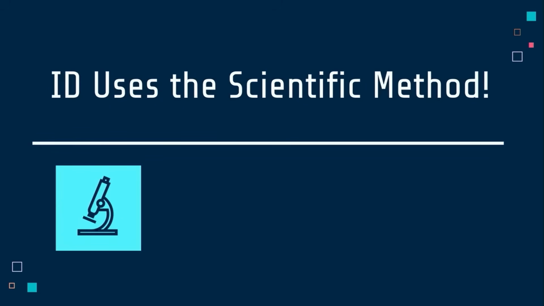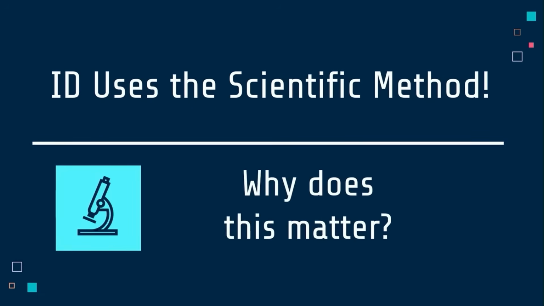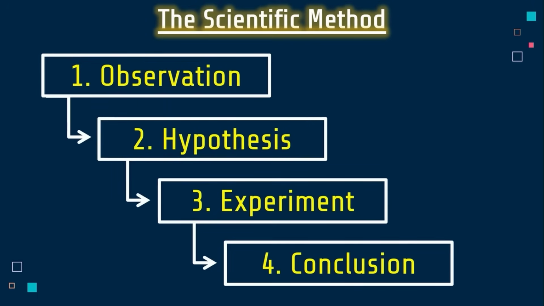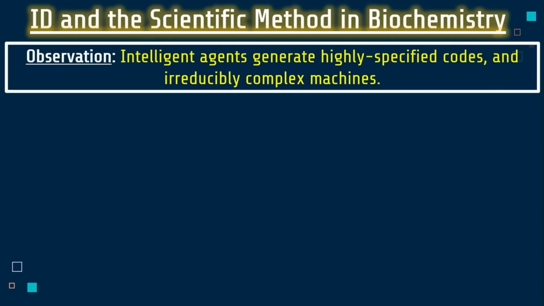Okay, so also, ID uses the scientific method to make its claims. Why does this matter? Well, the scientific method is often described as a four-step process of observation, hypothesis, experiment, and conclusion. And ID uses the scientific method to make claims in a variety of different scientific fields, but I'm going to just discuss how ID uses the scientific method in biochemistry right now.